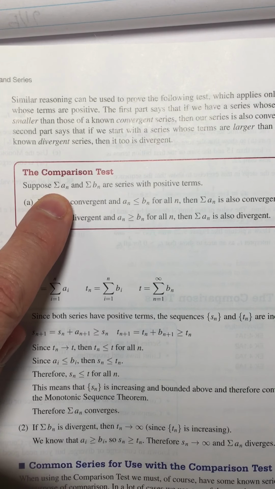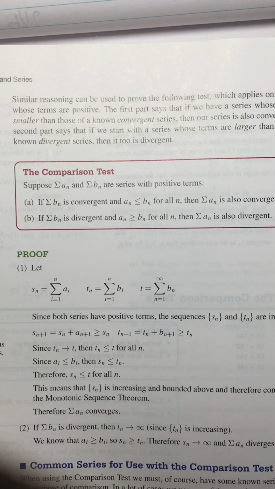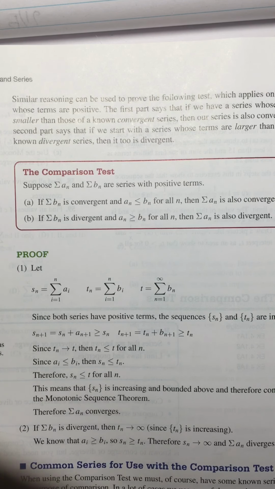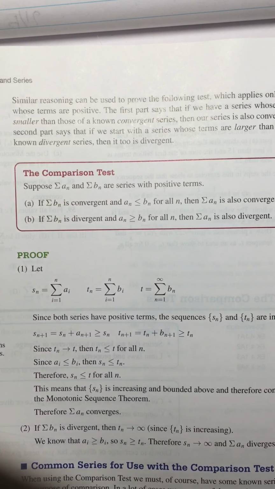They just wrote a sigma. There's no n equals 1 to infinity. So if they don't write n equals 1 to infinity, it's n equals 1 to infinity. Just a shorthand, we're usually only concerned about the infinite sums. And notice how it doesn't matter if it was n equals 6 to infinity. The convergence or divergence is going to be unaffected by that. So we can just say the sum of a sub n and the sum of b sub n.